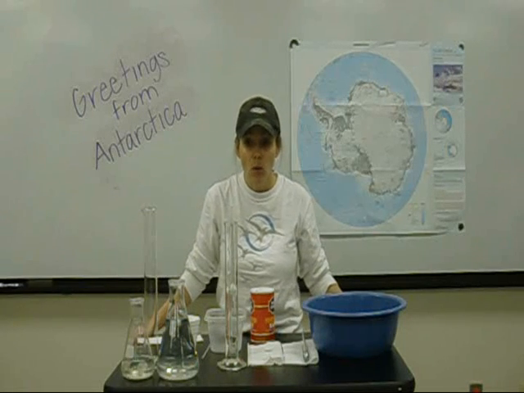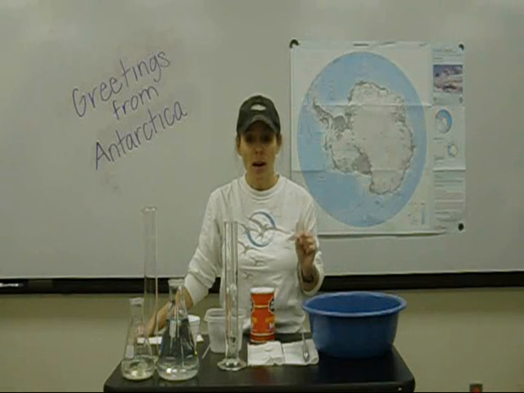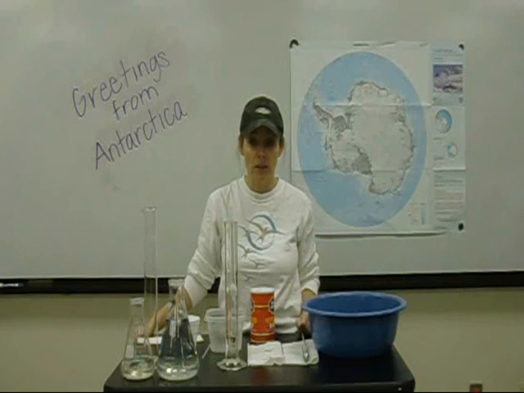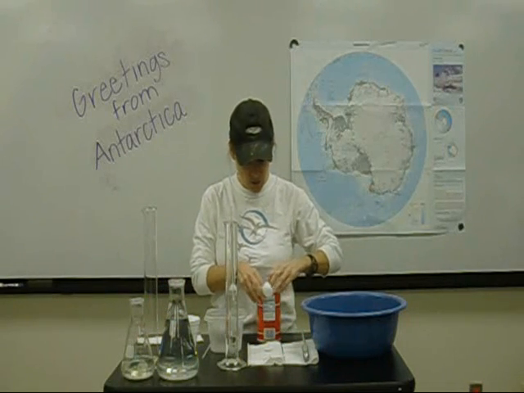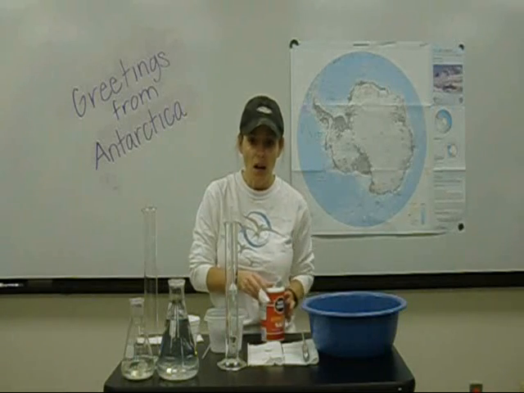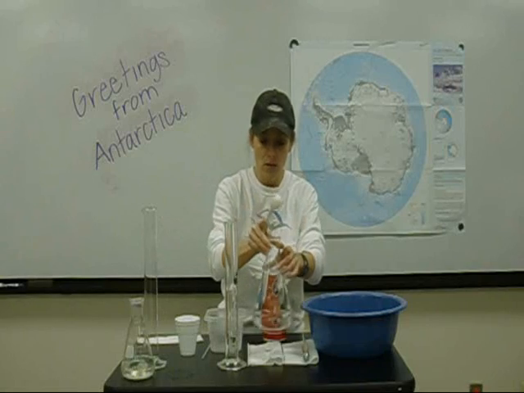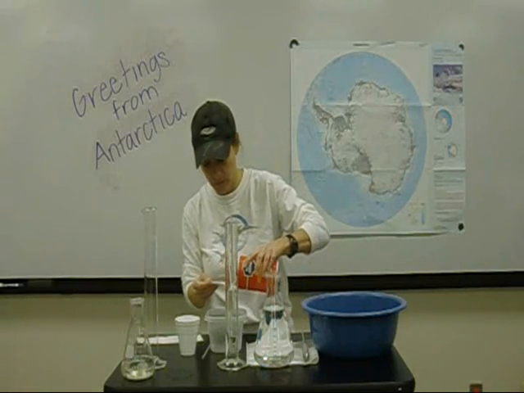All right, now what we're going to do is make some saltwater solution that has approximately the same salinity as the water found here in Antarctica. So to do this, I'm going to measure 2 tablespoons of salt in 1,000 milliliters of water.